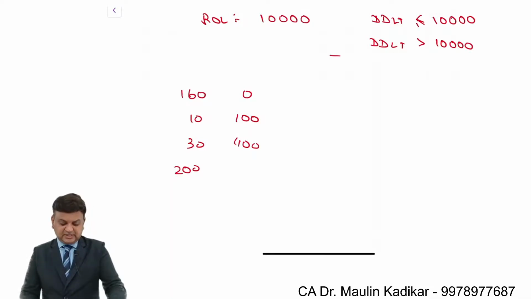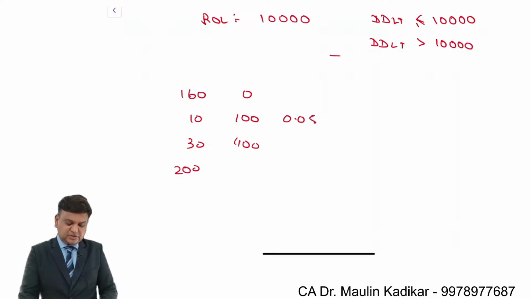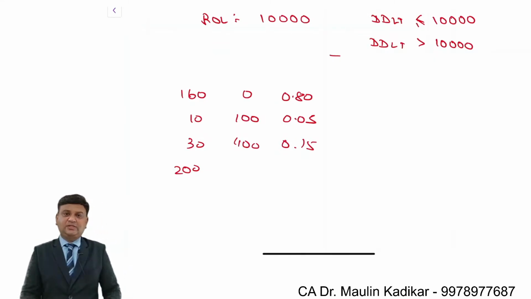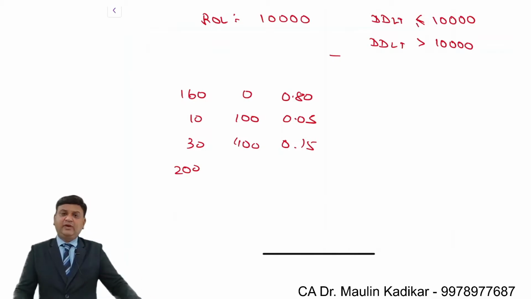Then we can say that 10 divided by 200, there is a 5% chance that the stock out will be of 100 units. There is an 80% chance there will be no stock out. There is the remaining 15% chance that the stock out will be of 400 units. Something like this is also a way probability can be assigned. So this is the way probability is assigned for the different outcomes.